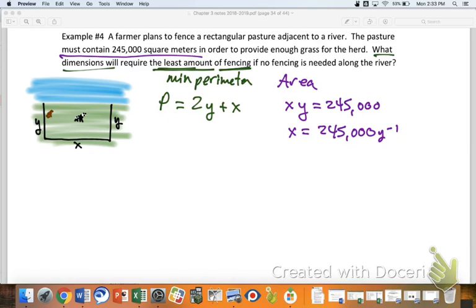That'll flow a little smoother into the next step. If you wrote over y, that's fine. So p equals 2y plus, instead of an x, I can write 245,000 y to the negative 1.